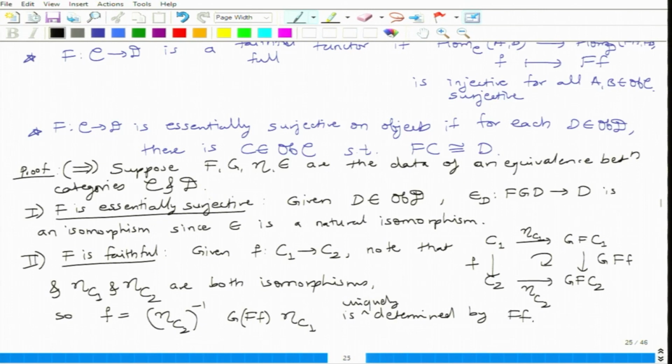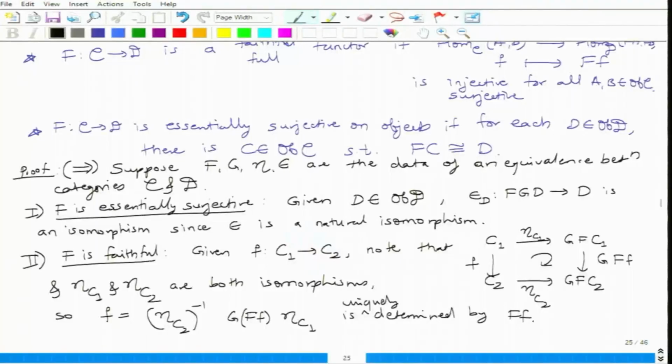It's uniquely determined because it can be obtained as a composition which involves two isomorphisms and one Ff. So it depends on Ff. If there was some other morphism f prime, and Ff and Ff prime are the same, then f is equal to f prime. You can get this from this identity. So that's why we have concluded that F is faithful. Therefore F is faithful.